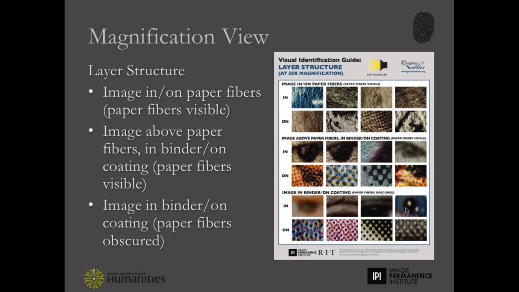This indicates photographic prints that either have a two-layer structure or prints with a very thin varietal layer, or it can be a photomechanical or digital print with a thin coating. The bottom section shows examples in which the paper fibers are obscured, indicating a three-layer structure with a thick varietal layer for photographs, or a thick opaque coating for photomechanical prints.